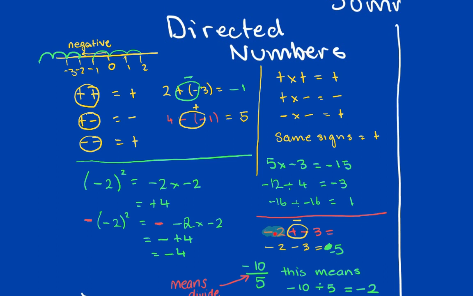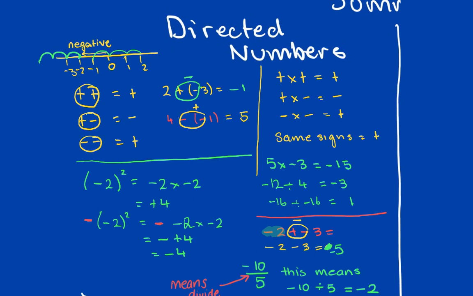This just sits there by itself. So the plus and the minus we deal with, that becomes a minus. And then negative 2 minus 3 equals, we go up to our number line and we do some jumps on our number line and get our answer of negative 5. So the rules only apply when the signs are stuck next to each other, not when there's a number between them.